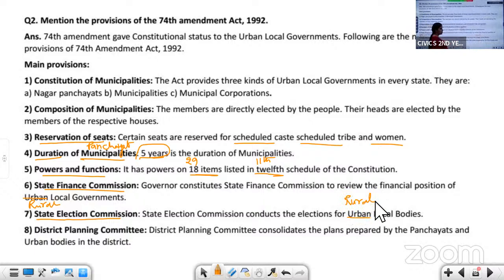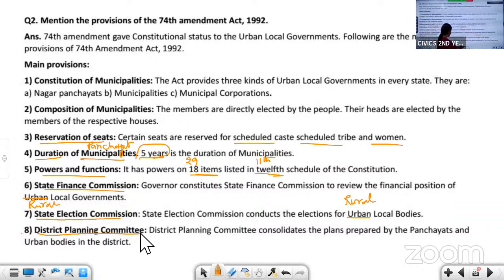It conducts the elections for urban local government also. And this 8th point, you need not write for the 73rd Amendment Act. District Planning Committee will consolidate the plans prepared by the Panchayat and the urban bodies. So if you are perfect in one, you can write the other answer.